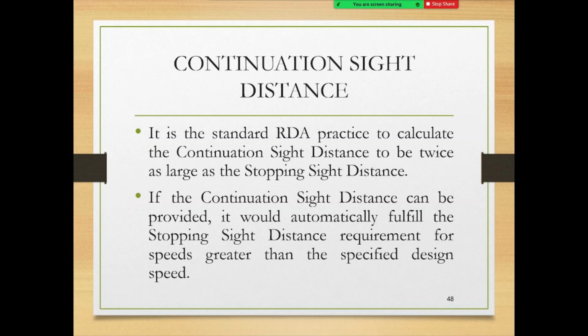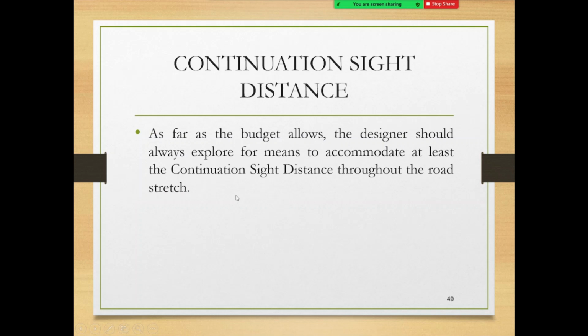Okay. Then if the continuation sight distance can be provided, it would automatically fulfill the stopping sight distance requirement for speeds greater than the specified design speed. So that is obvious, right? Because if you are going to give double the stopping sight distance for the continuation sight distance, then the stopping sight distance requirement is automatically fulfilled.